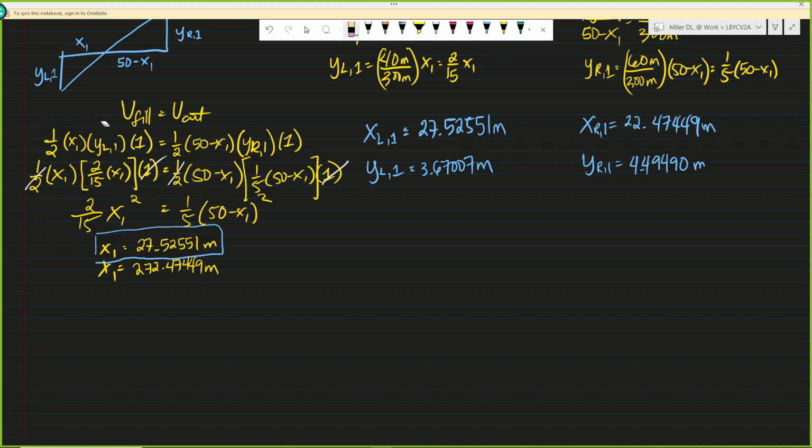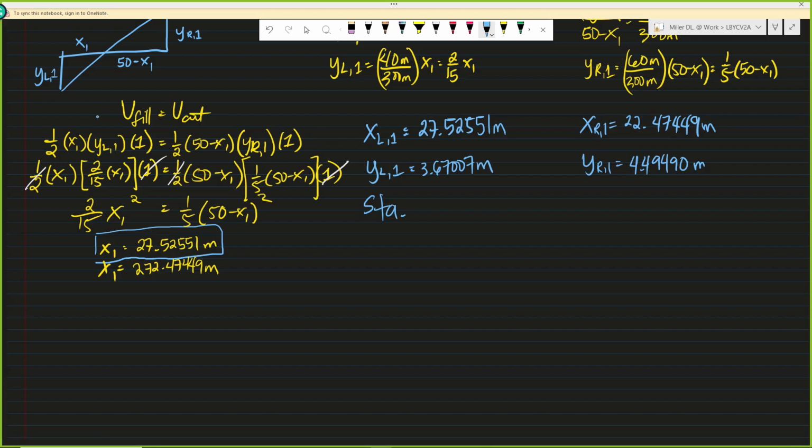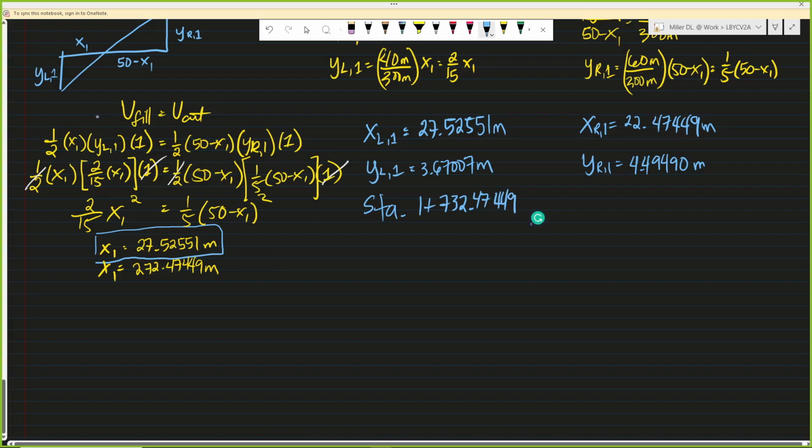So, what would be our station? 1 plus 760 minus 27.52551 meters. Anyone? Kindly comment. So we have 1 plus 732.47449. How about sa fill side?